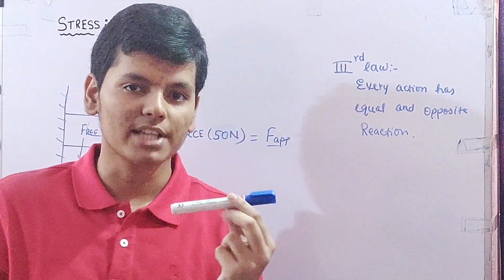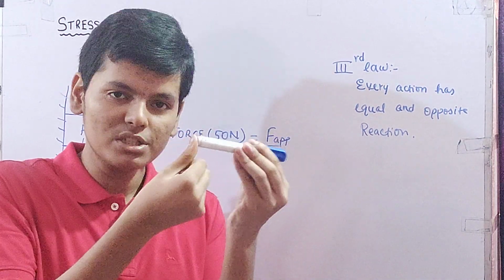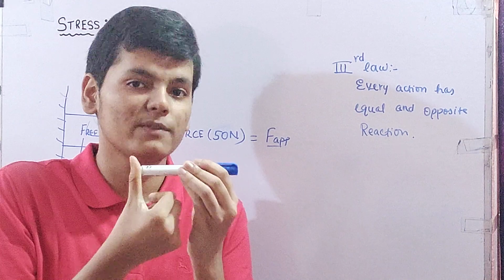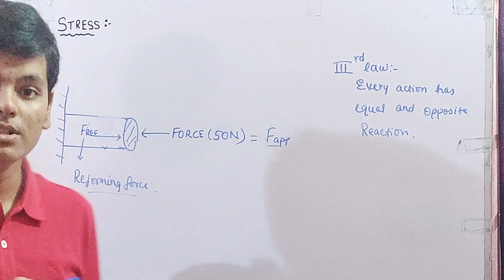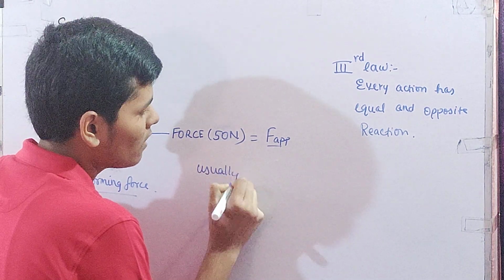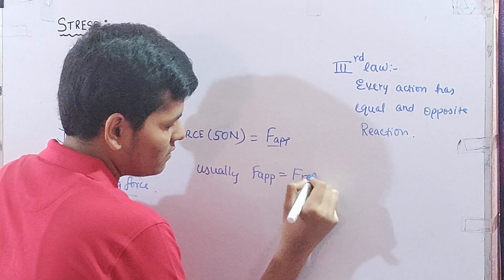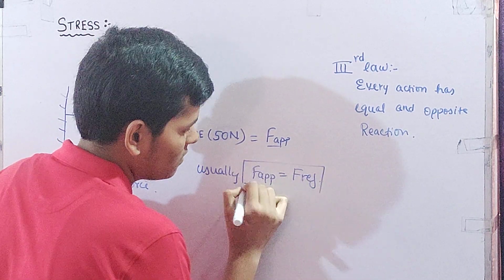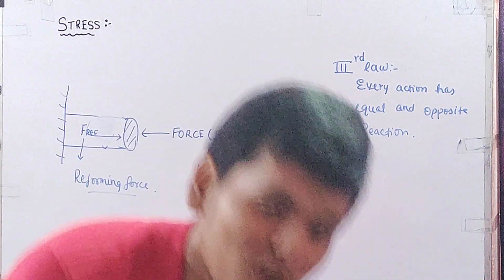This marker has a shape and I have the power to change the shape of this. When I try to push this marker, it will not budge. Why? Because it is also experiencing some force towards me, and that force is called F reforming. Usually, F applied is equal to F reforming.